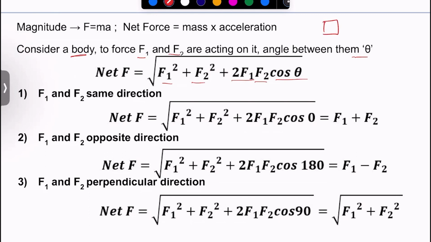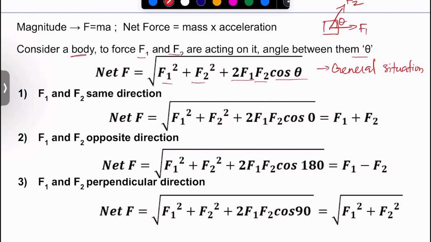For example, this is a general situation, the first case, where two forces are acting on a body with an angle theta between them, F1 and F2.